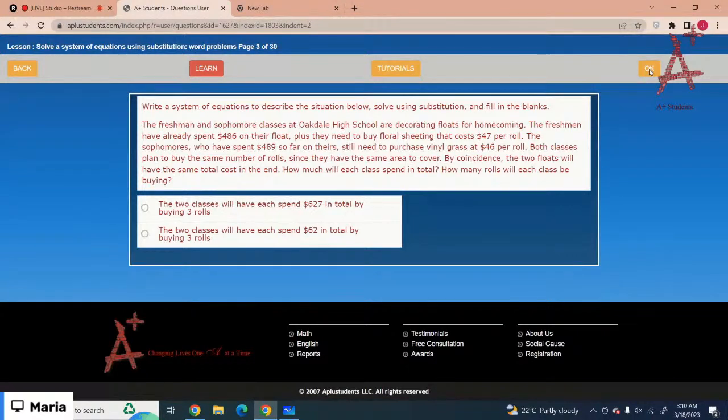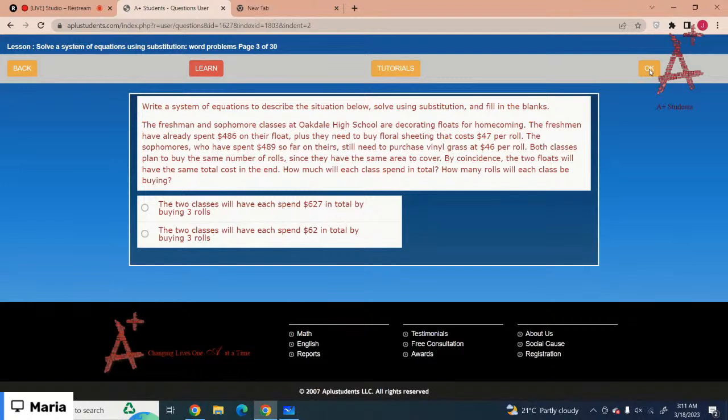Okay, the freshman and sophomore classes at Oakdale High School are decorating floats for homecoming. The freshmen have already spent $486 on their float, plus they need to buy floral sheeting that costs $47 per roll.